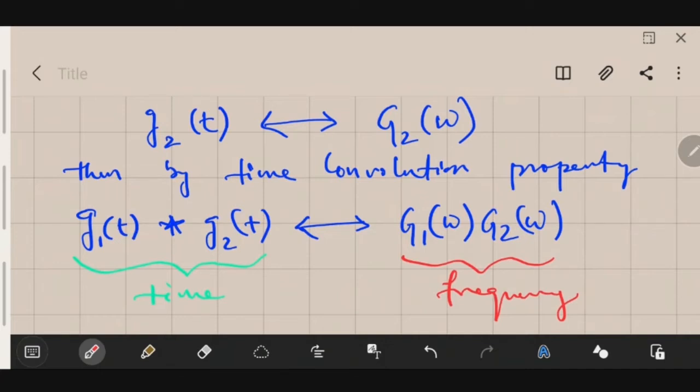So let's say you have a signal g1 of t, and g2 of t is the system impulse response, and you are trying to find the output by convolving in the time domain. Then this will be similar to just multiplying their respective Fourier transforms in the frequency domain. It is as simple as that.